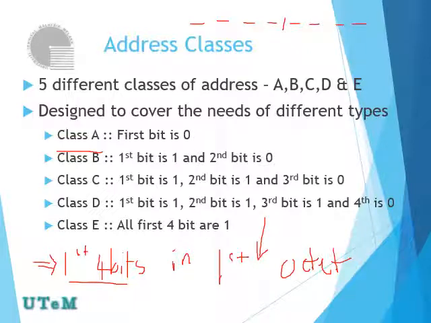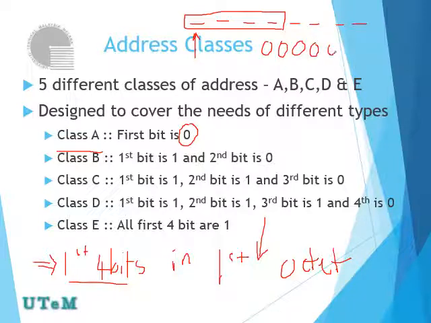You just need to consider the first 4 bits. If the first bit is 0, then it is class A. For example, you are given 0, 0, 0, 0, 0, 0, 0, 0.